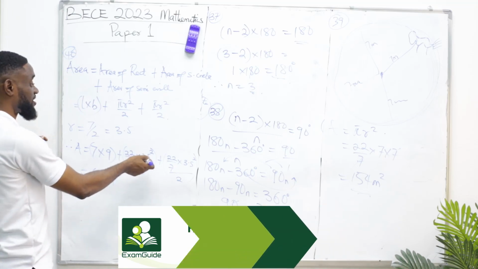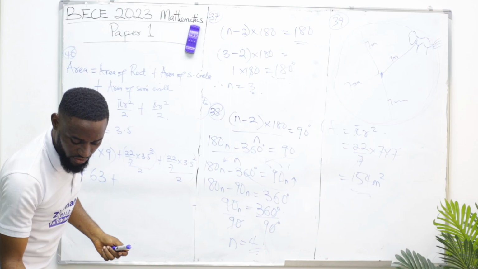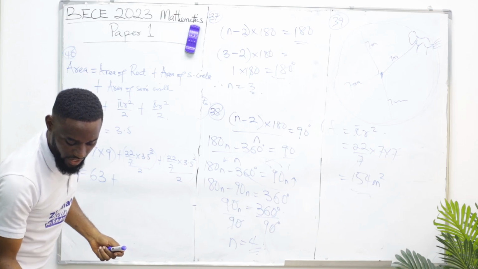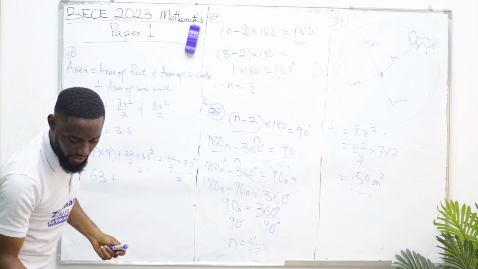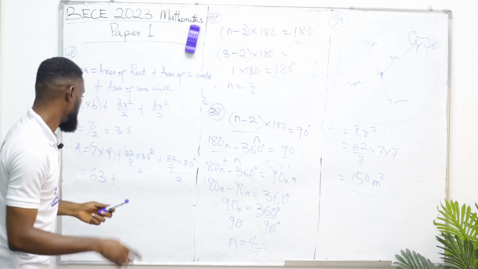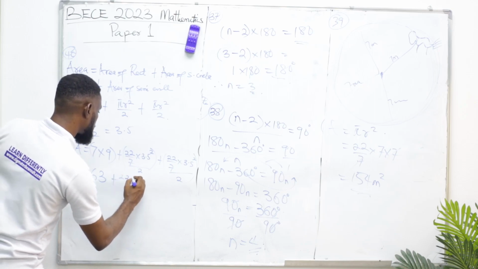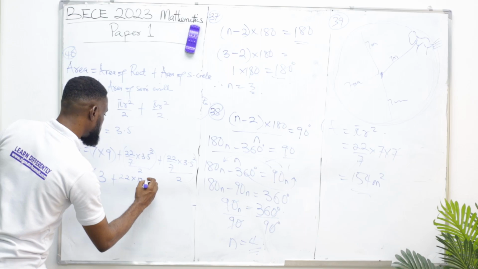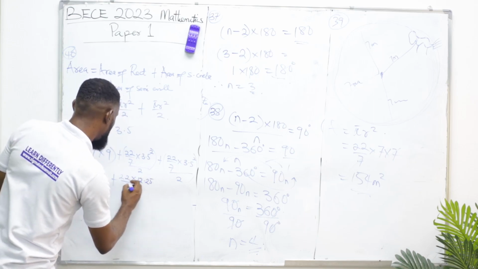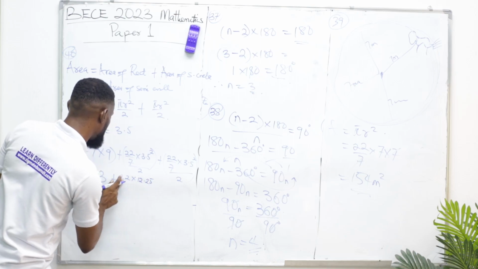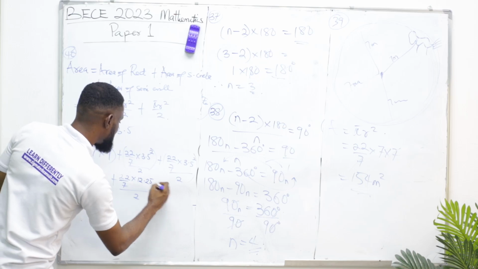But we are going to just put this in decimal numbers. So let me get this. 3.5 times 3.5. That is 12.25. So this means 22 times 12.25 divided by 7 divided by 2.